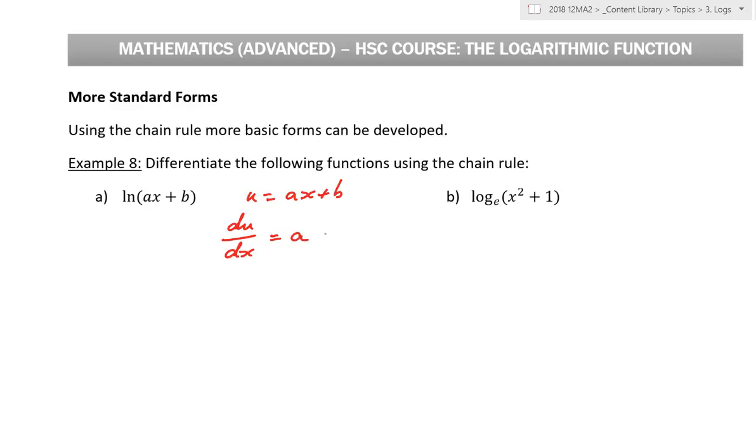I know that. Therefore, y equals the log of u, dy/du equals 1 over u, which is, of course, 1 over ax plus b.